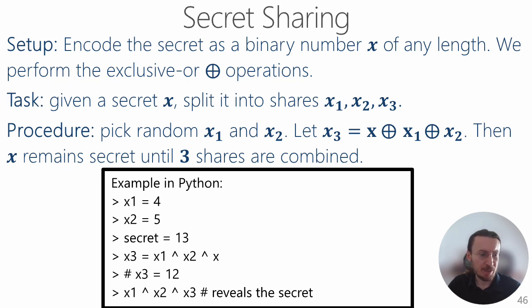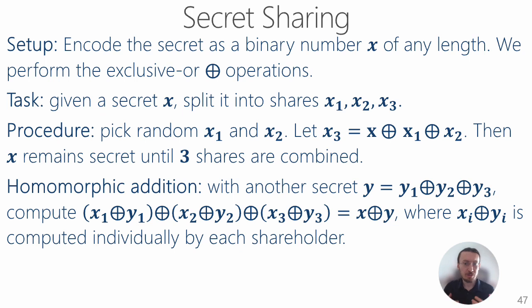And these operations can be easily done in Python, so you can just take this code and see that it indeed works. You can also do the homomorphic addition with another secret y. So here the secret y is divided into 3 shares, y1, y2 and y3. Each client adds the respective shares x sub i and y sub i.